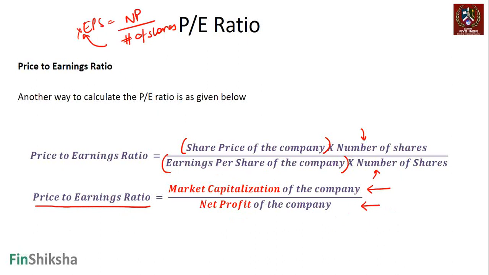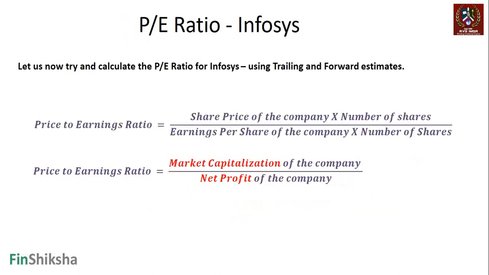We can try and take a look at this exercise as well while we do this calculation. So that's broadly how you look at the price to earnings ratio. Let's try and calculate this for Infosys.